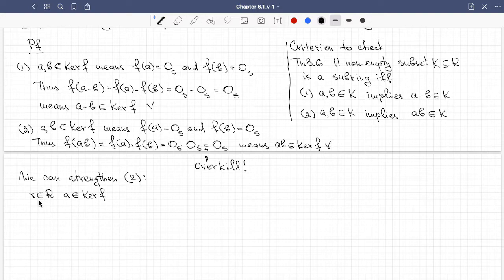Now let us take an arbitrary element R from the ring and some element A from the kernel.